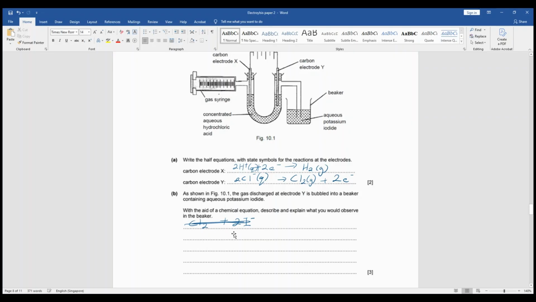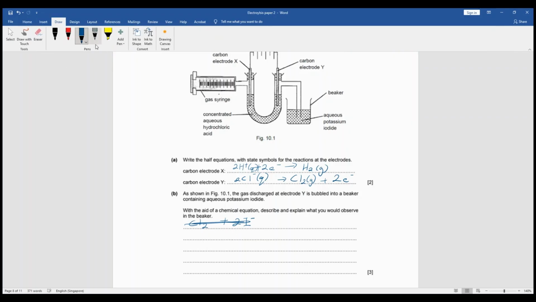So Cl2 plus KI becomes KCl plus I2. Balance the equation.